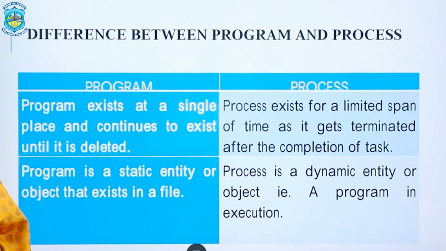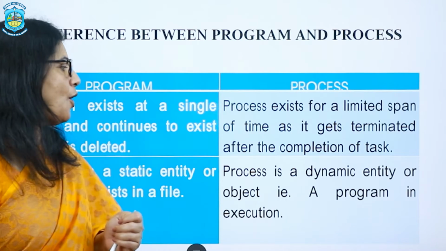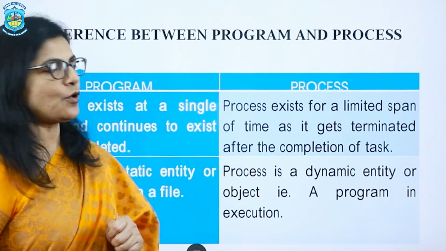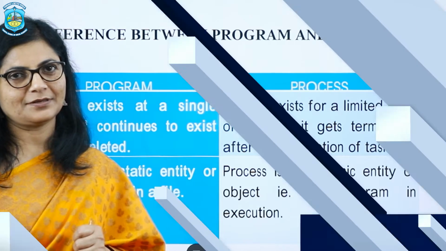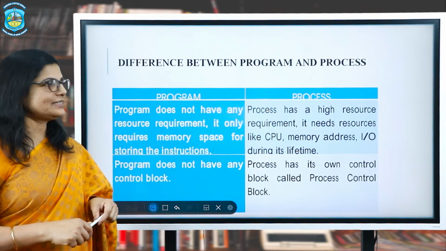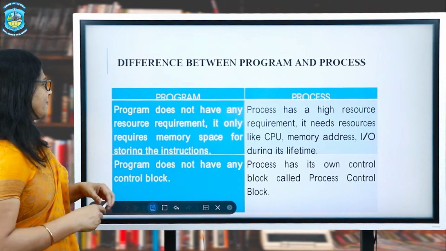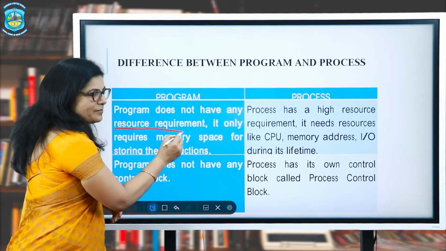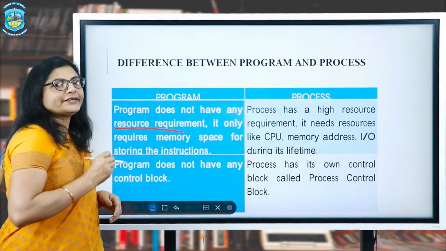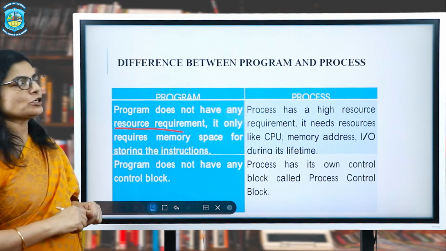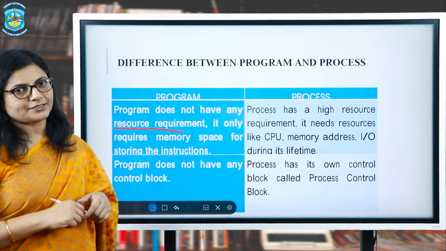That is why a program is known as a static entity, whereas a process is a dynamic entity, or an object, that is a program in execution. The next difference is that a program does not have any resource requirement. It only requires memory space for storing the instructions.